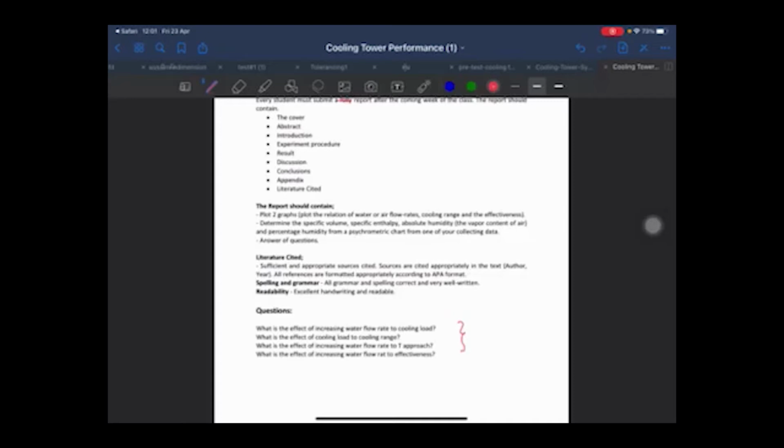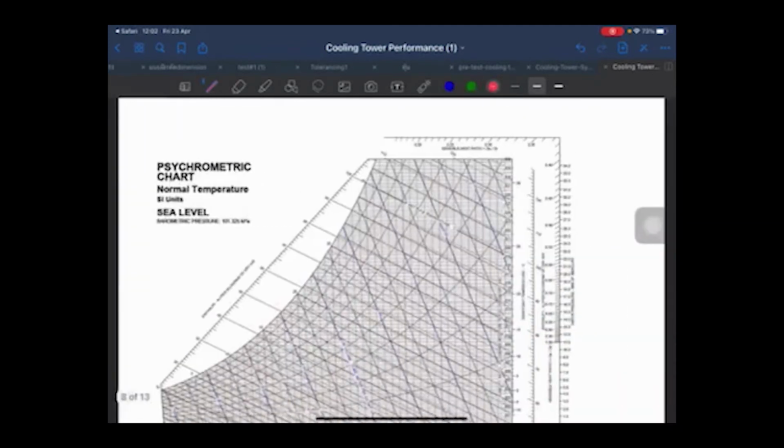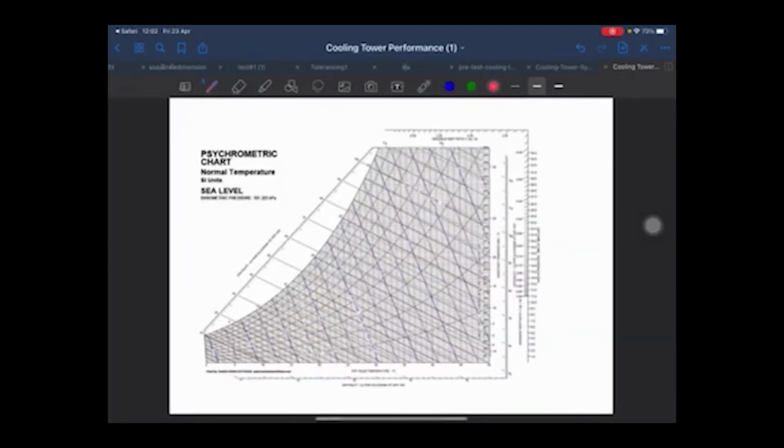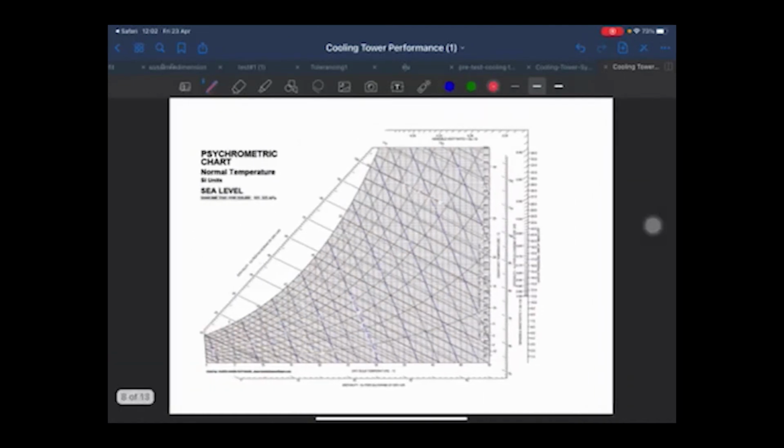What is the effect of the cooling load on the cooling range? The effect of the increasing water flow rate on the approach temperature, and the effect of the increased water flow rate on the effectiveness. Okay, in the lab sheet, there is also the psychrometric chart that you can use to find the humidity ratio and the enthalpy.